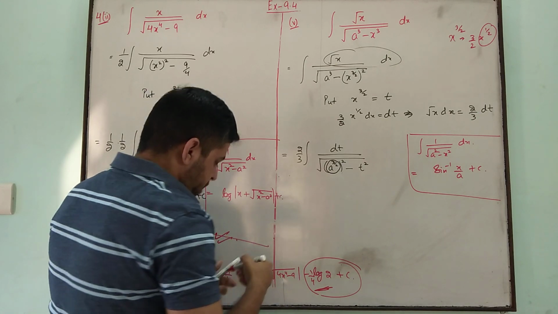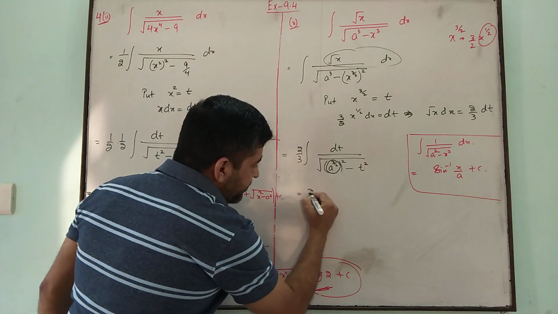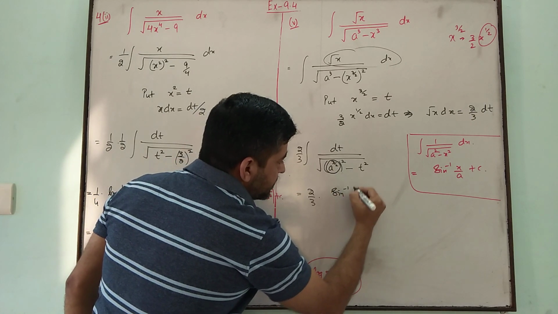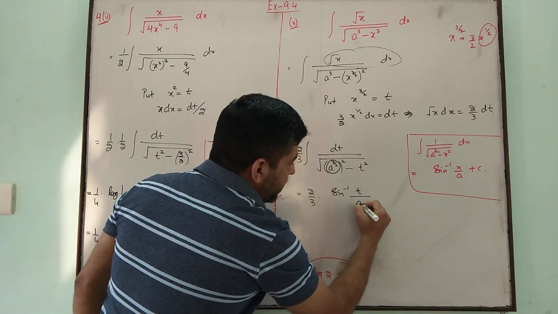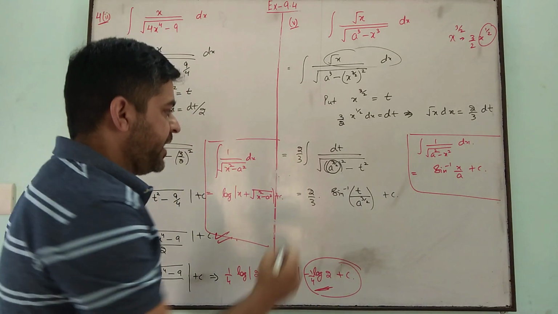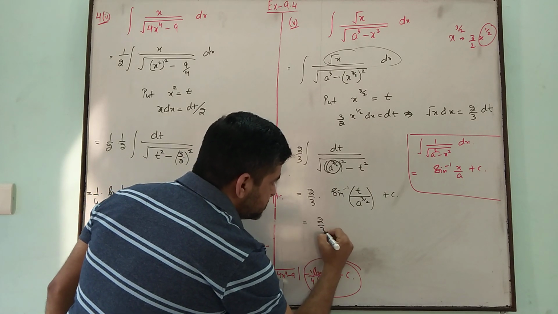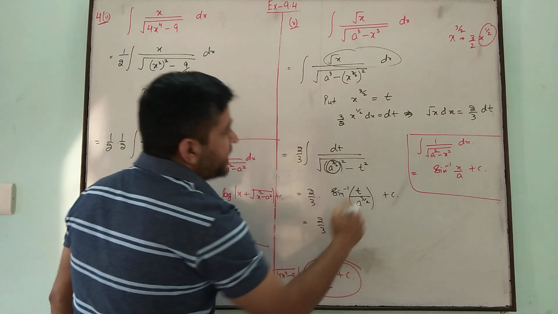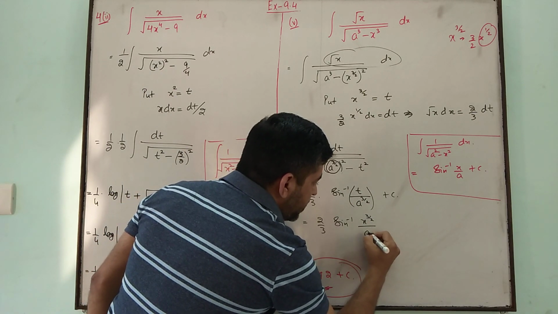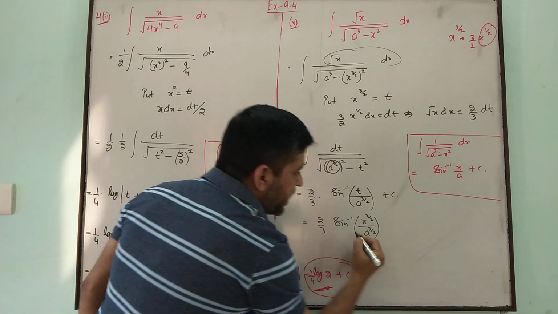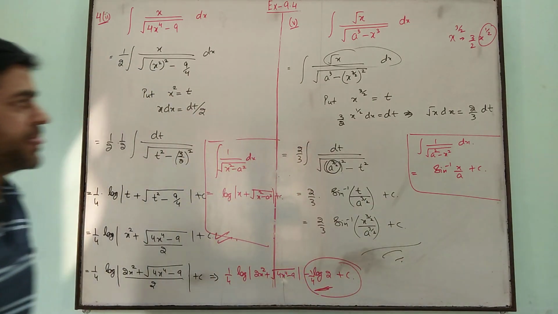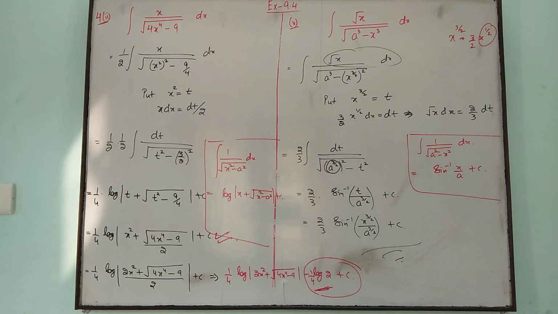So its integral you can write as sine inverse x upon a plus c, and the value of t is x to the power 3 by 2, so it is sine inverse of x to the power 3 by 2 upon a to the power 3 by 2, plus c is the integral. Just write it down.